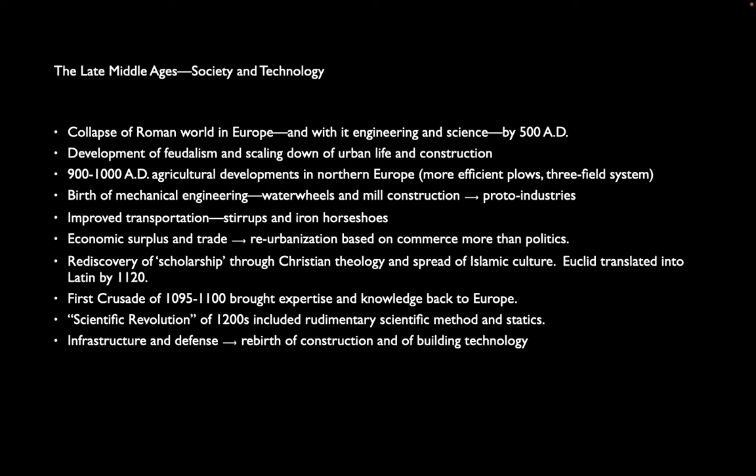The Islamic world is really the cradle of ancient civilization. It's the entity that keeps whatever developments survived the Dark Ages alive. And crucially, there are texts such as Euclid's Geometry that survive in Islamic libraries and are translated back into Latin by the 12th century.